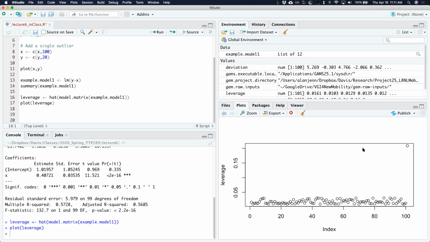And as that value is above some sort of cutoff, so I think we were saying generally the rule of thumb is 0.2, we can see that it's fairly different from the rest of the points. And so that's an easy way of being able to quickly jump out and identify your outliers.